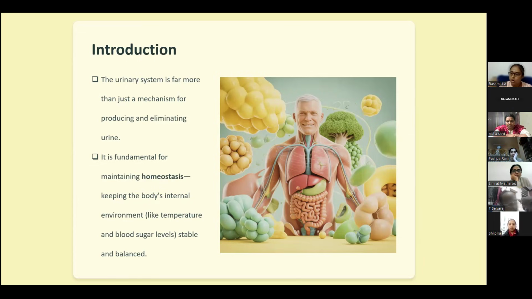This is your internal environment, that is your temperature, your blood pressure, glucose, everything has to be in a normal condition for normal functioning of the body. So the urinary system must be very good, and it helps in maintaining this balance in your internal conditions or environment.